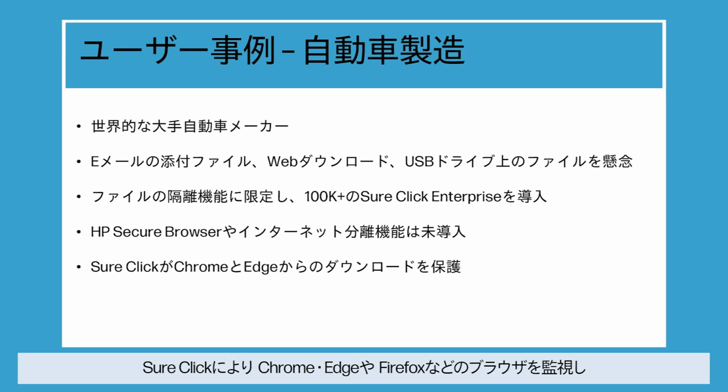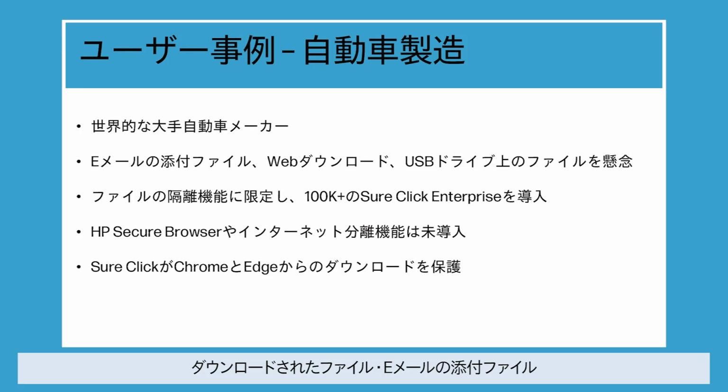And so with SureClick, we can monitor browsers such as Chrome, Edge, or Firefox, and anytime the user downloads a file from one of those browsers, SureClick can step in and isolate that file, so when the user opens it, the file will open inside of a micro VM. And so this organization has deployed more than 100,000 desktops with SureClick. We did that over a very short period of a few months.